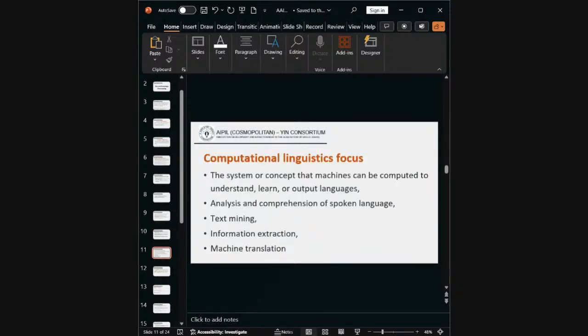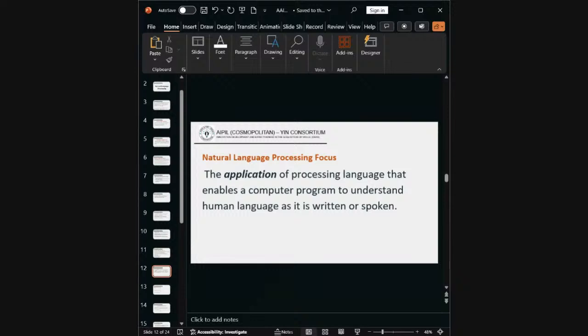And we'll try to see the focus of our computational linguistics: text mining, information extraction, understanding language as trying to compute, to understand, to learn, and to output languages, and finally, machine translation, especially for multilingual scenarios.